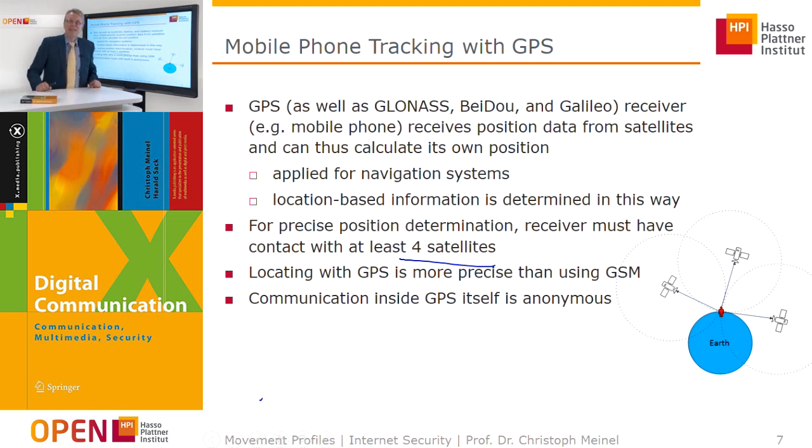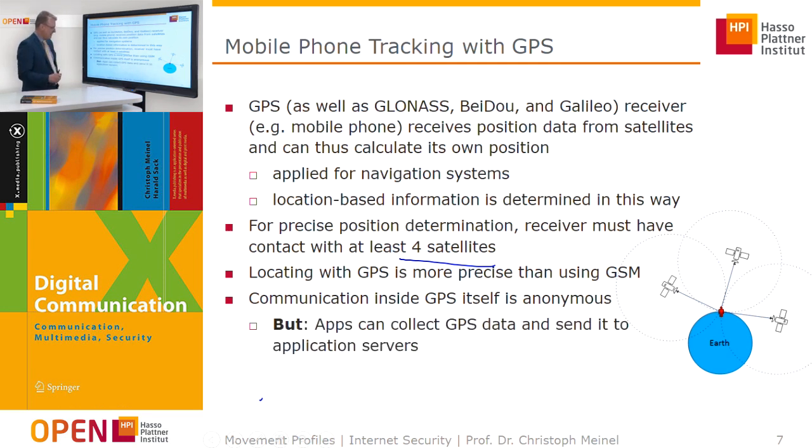The communication inside GPS itself is anonymous. So the computing of the position is completely independent of the name of a person or the ID. So it is anonymous, but nevertheless, the apps can collect GPS data and then send this data to the application server.